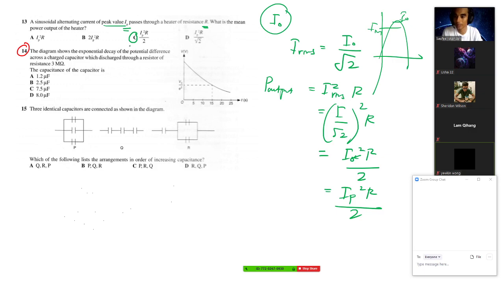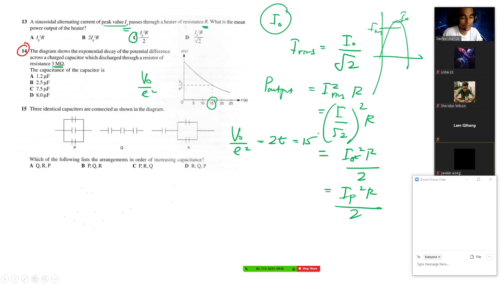Number 14. Diagram shows the exponential decay of the potential difference of a charged capacitor with a 3 mega ohm resistor. What will be the capacitance of the capacitor? So remember this, we are using V naught over e squared. When we are using e squared, this is 2CR. So V naught over e squared equals 2 tau, because it is the time constant, and equals 15.